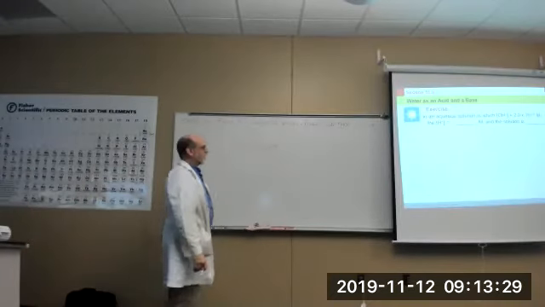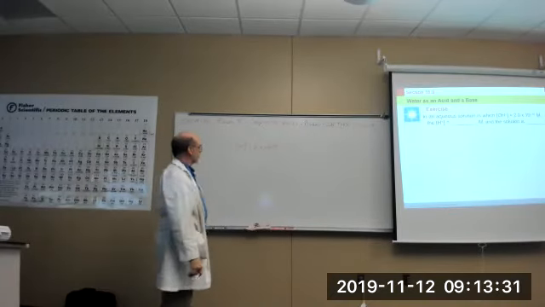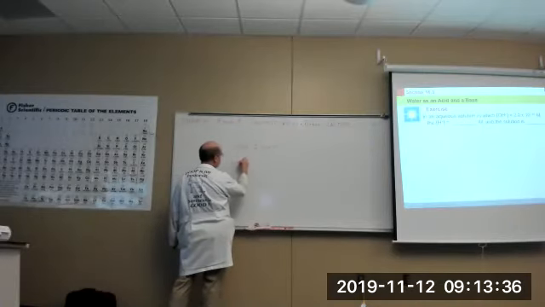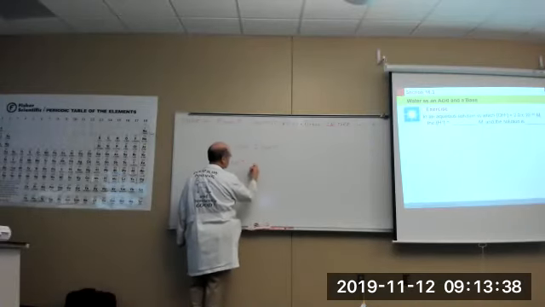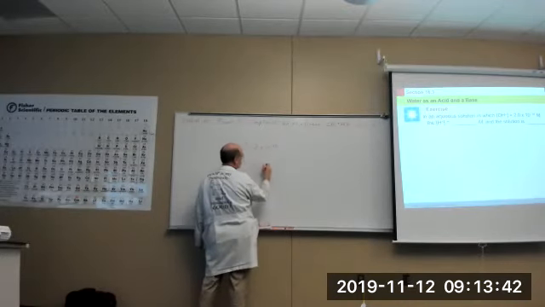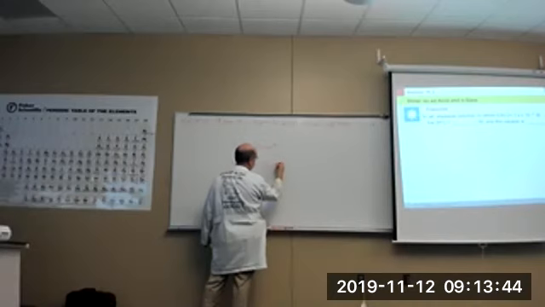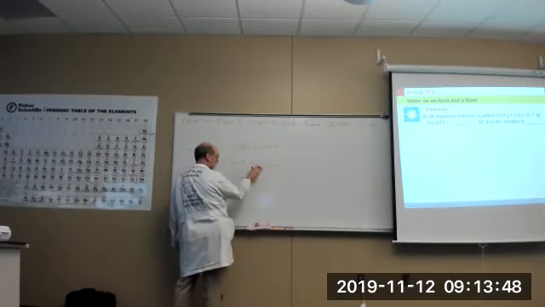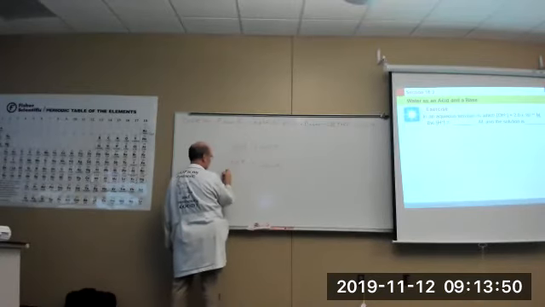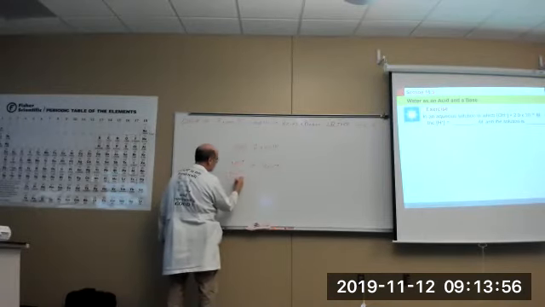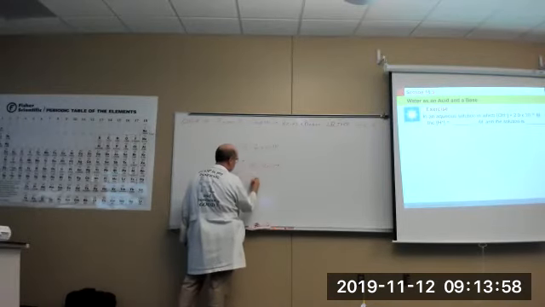How do we find out the hydrogen ion concentration? 1 times 10 to the minus 14 is equal to the hydrogen ion concentration times the hydroxyl concentration. Right? So we just solve for this one, divide this one by that one. So this would be 1 times 10 to the minus 14 divided by 2 times 10 to the minus 10 is equal to this one.